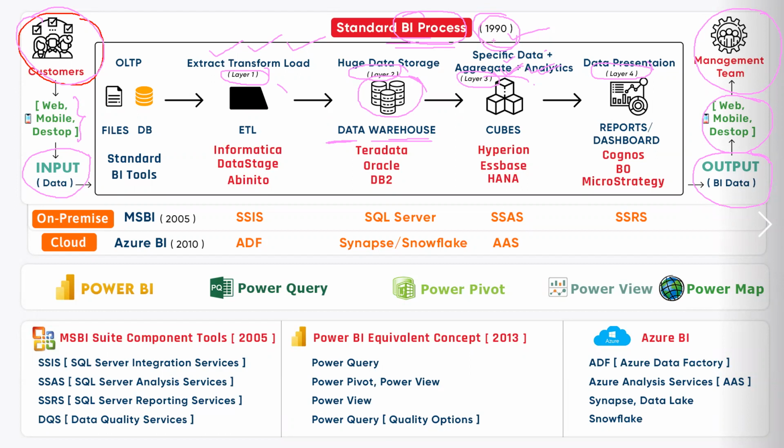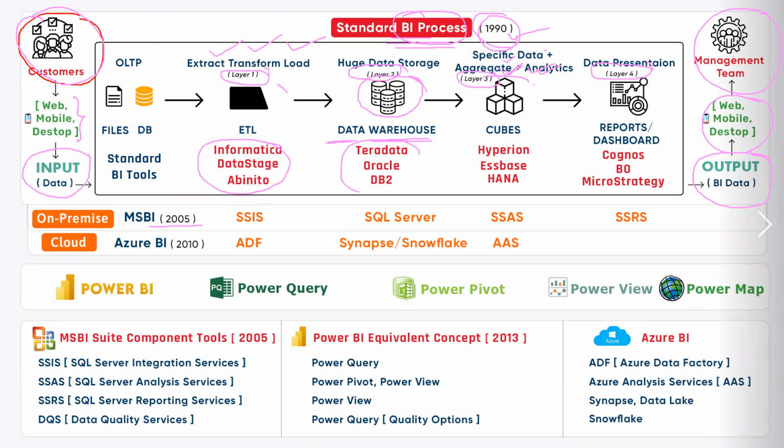So from the 90s till 2005, if any company wanted to implement this process, converting normal data into business intelligence data, they needed to use these layers and respective components. These kinds of tools they use in this area: Informatica, DataStage, Ab Initio, maybe you heard about them.